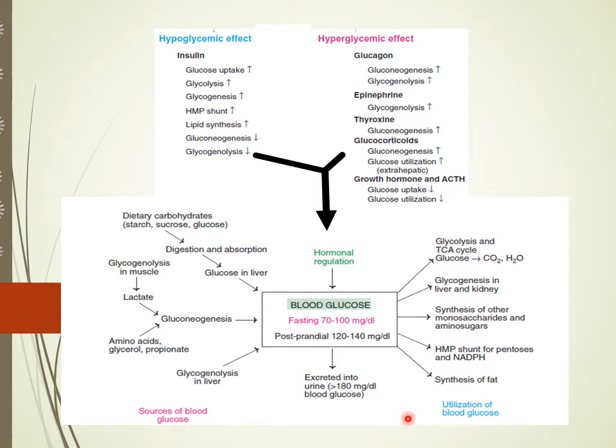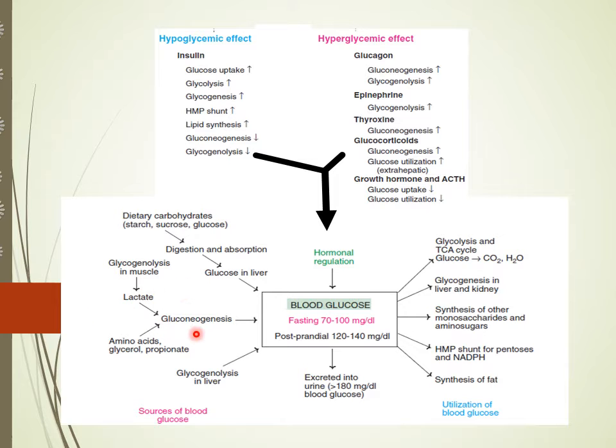We get glucose from dietary carbohydrates, glycogenolysis in muscle, glycogenolysis in liver, and gluconeogenesis, where amino acids, glycerol, propionate, and lactate serve as the source.